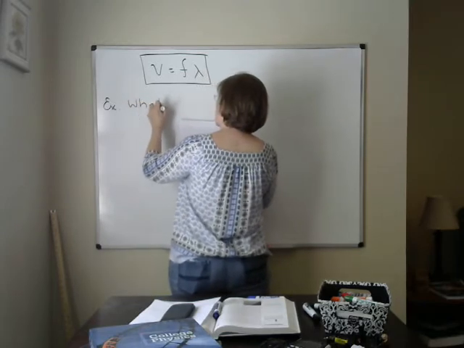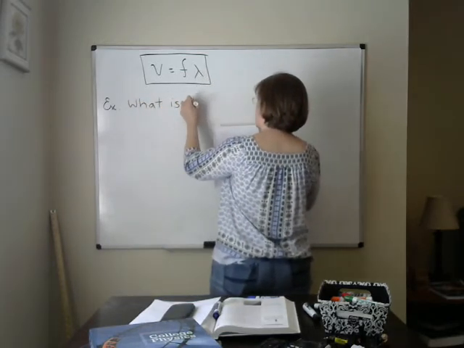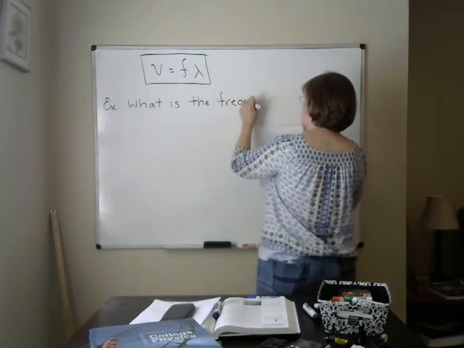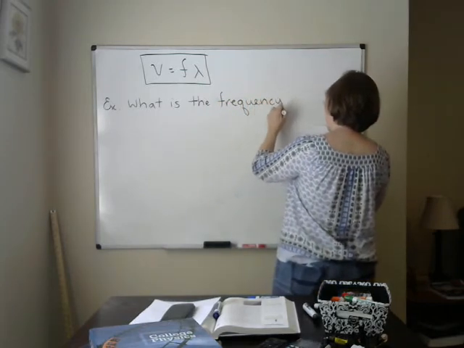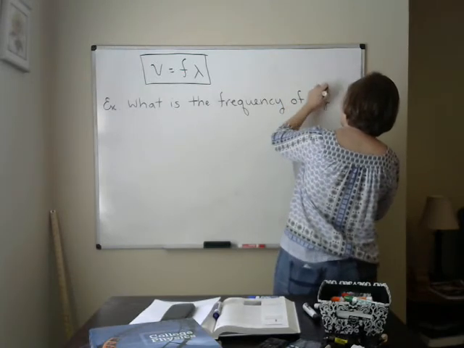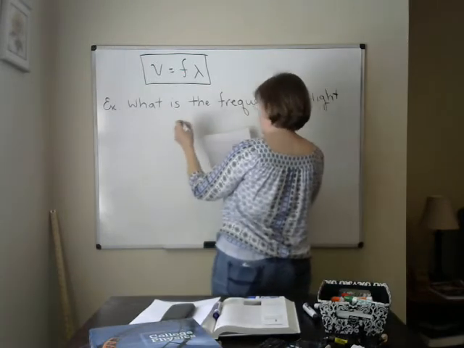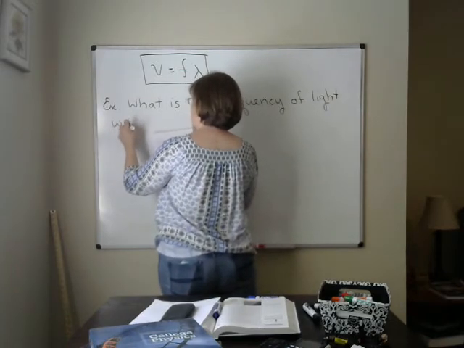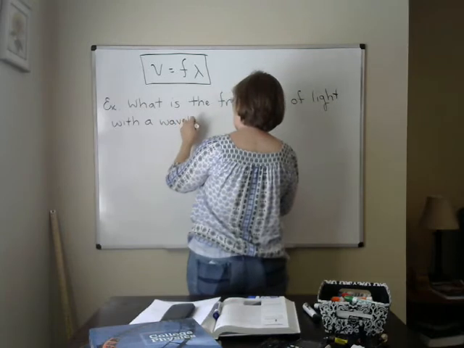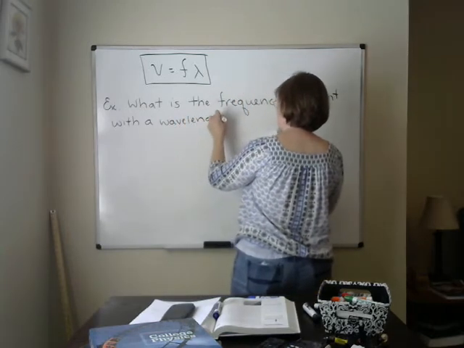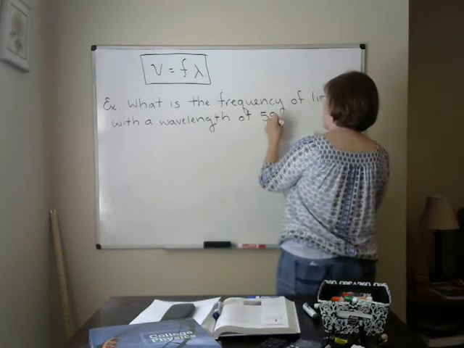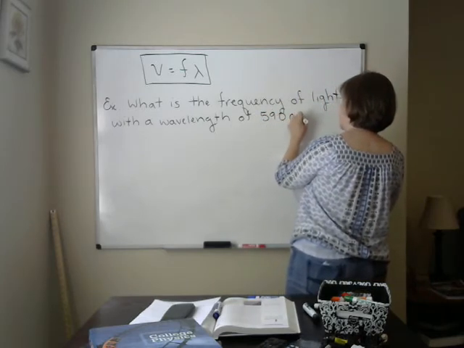What is the frequency of light with a wavelength of 590 nanometers?